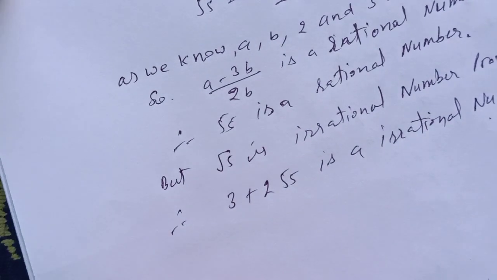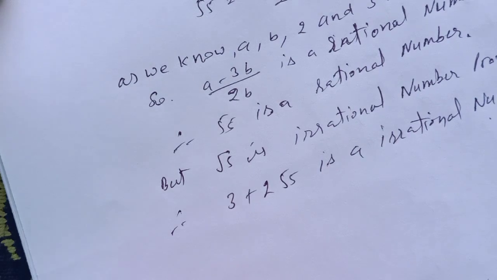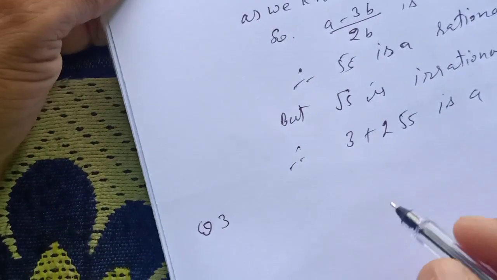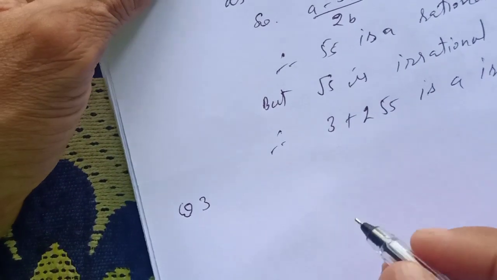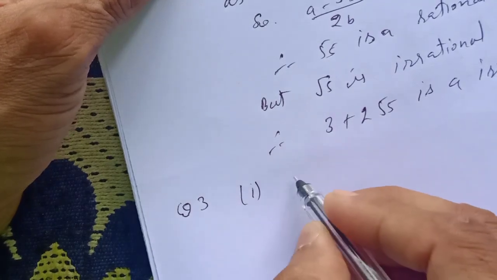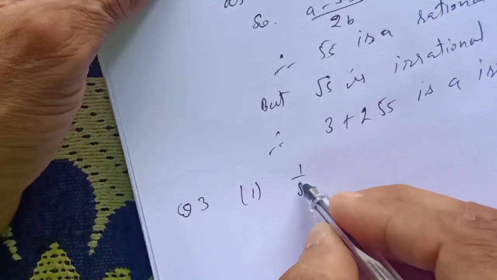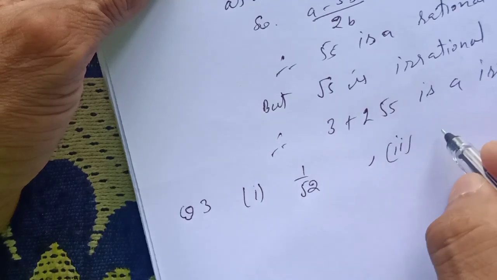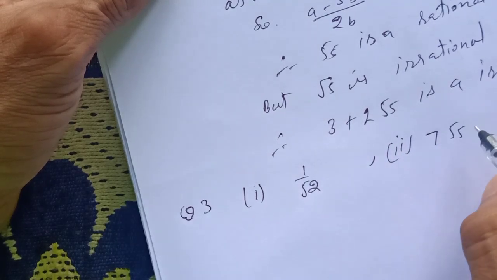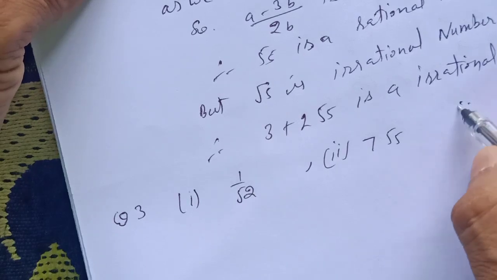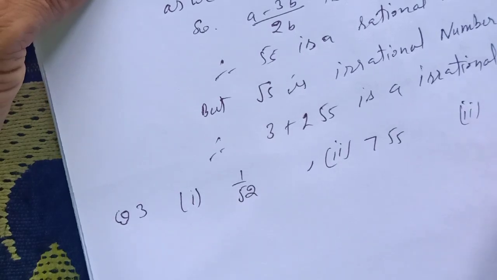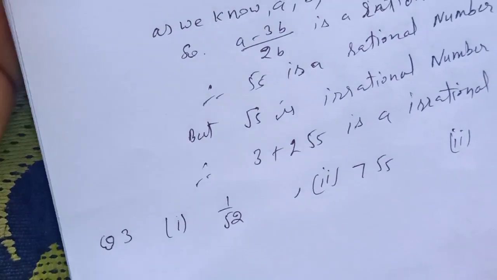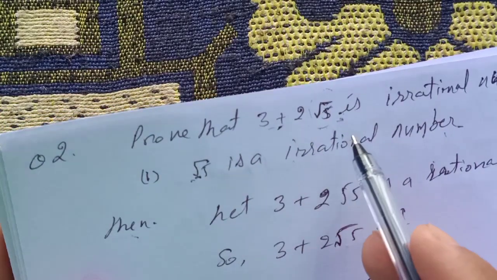Move to question number 3. Prove that the following are irrational number. First part is 1 by root 2 and second part is 7 root 5 and third part is 6 plus root 2. This type is same 3 plus 2 root 5.